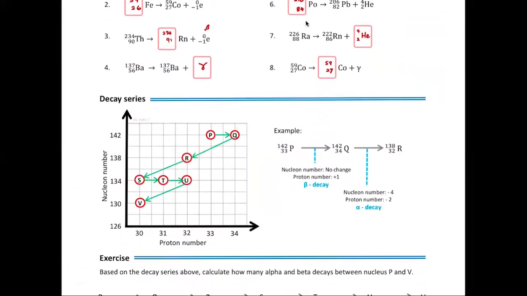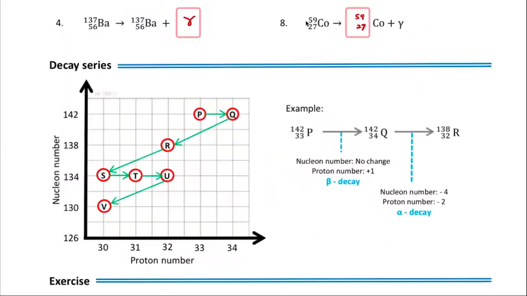Now let's look at the decay series. A decay series means that the element will undergo a few decays to become stable. Now, how to read its nuclear number and also proton number.